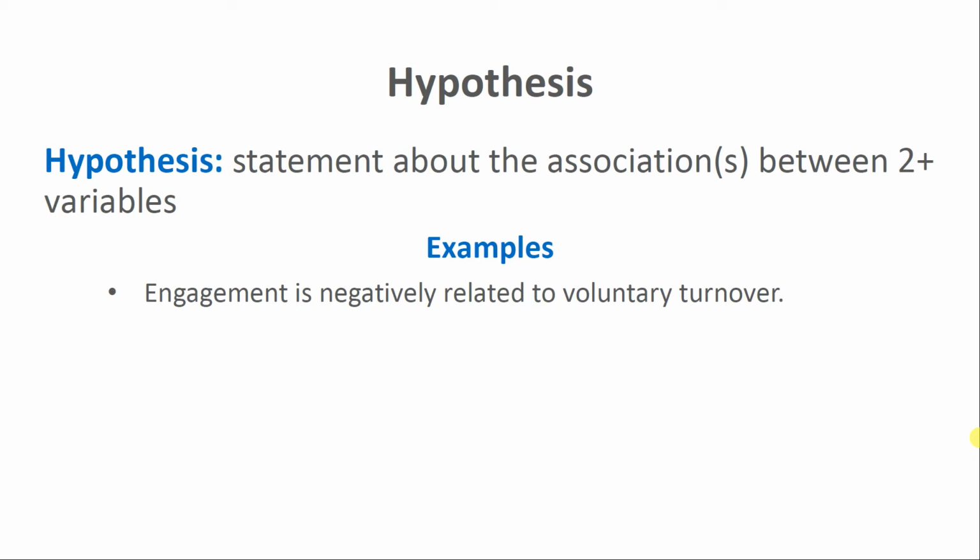So whenever, instead of asking, as I did in the previous example, is engagement related to turnover or associated with voluntary turnover? Here we're actually framing this in a specific direction and saying we are going to test whether engagement is negatively related to voluntary turnover.